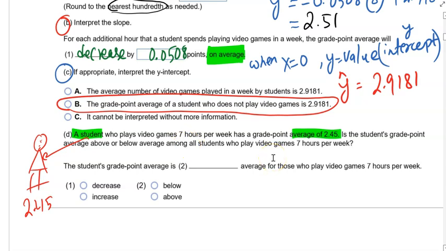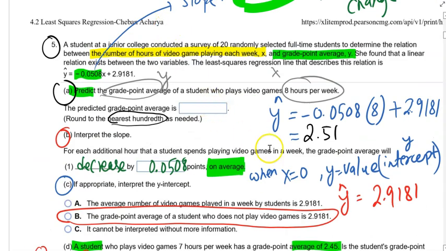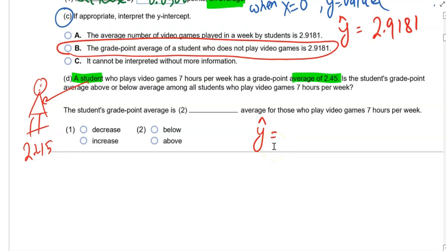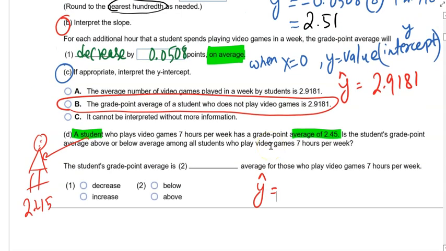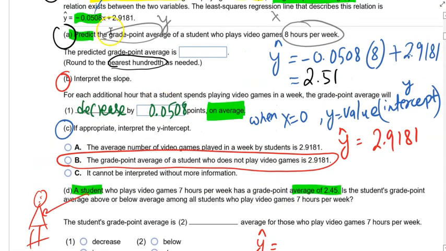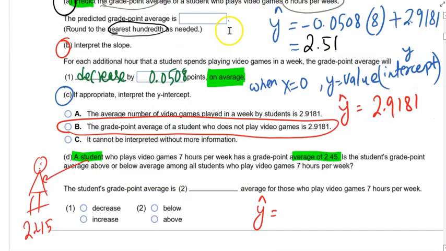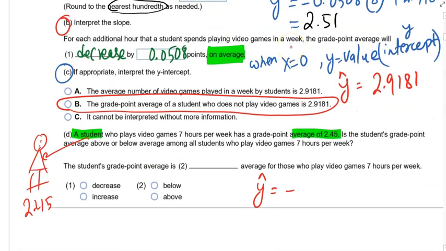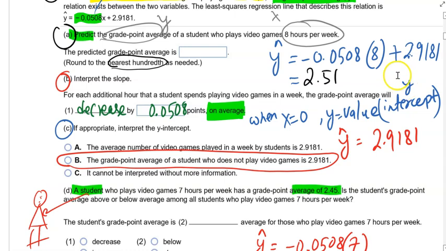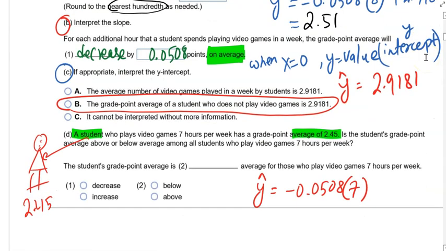To find that, you have to find y hat for x equals 7. To find the y hat for x equals 7, you put this 7 in for x in this equation. Let me put that for you. Negative 0.0508 times 7, because the x value is 7 here, plus 2.9181.